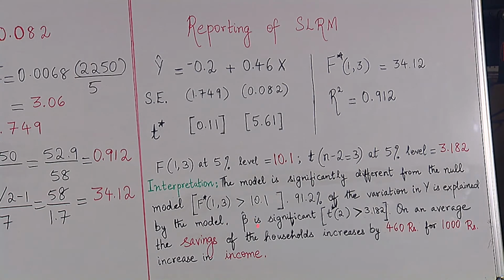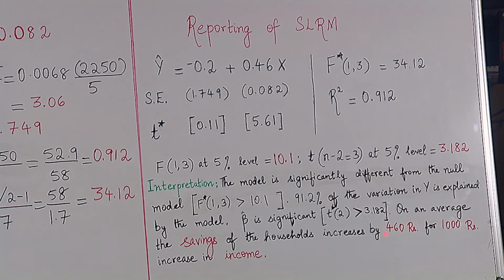The beta hat in the model was found to be significant, since the calculated T value at 3 degrees of freedom, 5.61, was found to be greater than the table T value 3.182. It is concluded that on an average, the savings of the households increases by 460 rupees for 1000 rupees increase in income.